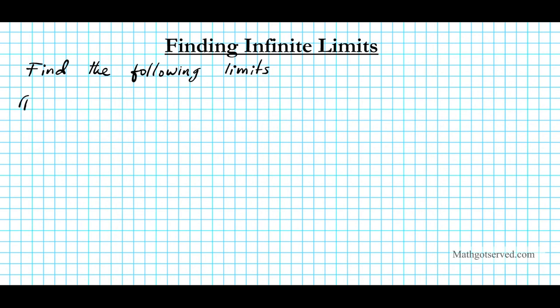All right, number 1, we're going to find the limit as x approaches infinity of 3x to the fourth plus 2x minus 5, all over 3x to the third plus 2x.